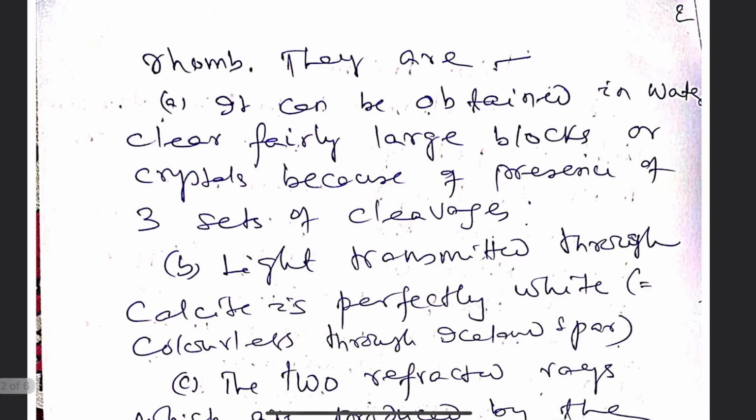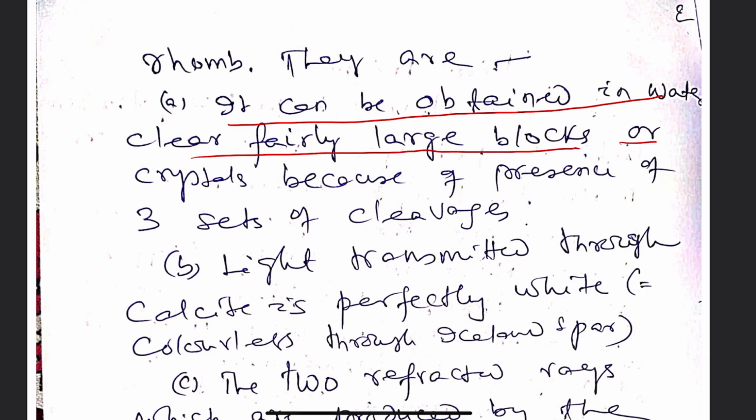The reasons are, first, calcite is available in clear, fairly large blocks or crystals because of the presence of three sets of cleavages.